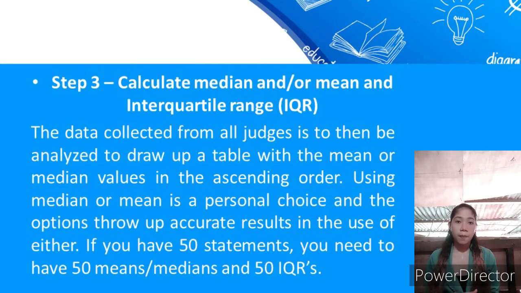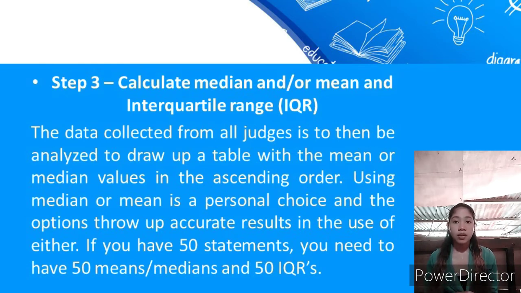In this step, the data collected from the ratings of the panel of judges, wherein they rate 1 for the least favorable statement and 11 for the most favorable statement, is analyzed to draw up a table of the ratings of the statements.